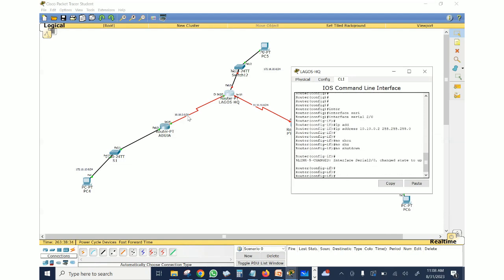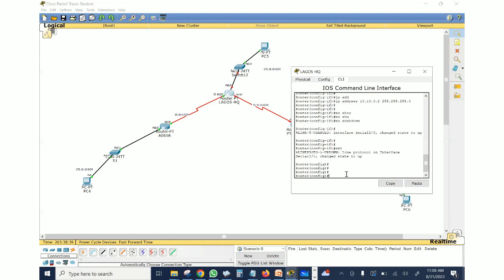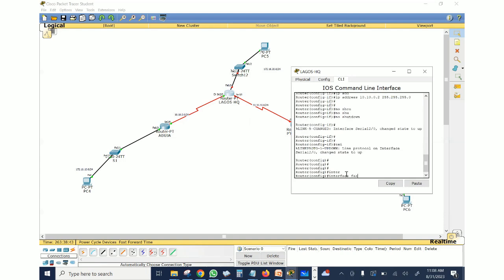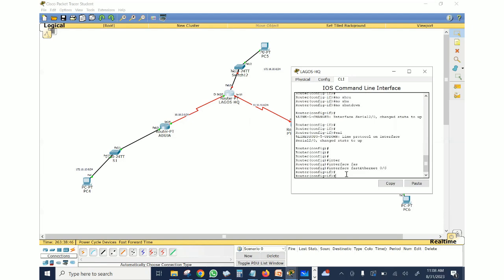Can you see the interface is off? So let's do for this interface. Interface FastEthernet 0/0. So we are giving it the default gateway for these people. Okay.